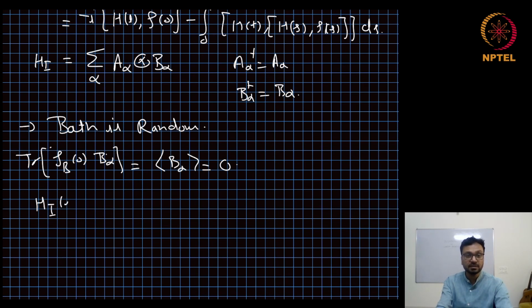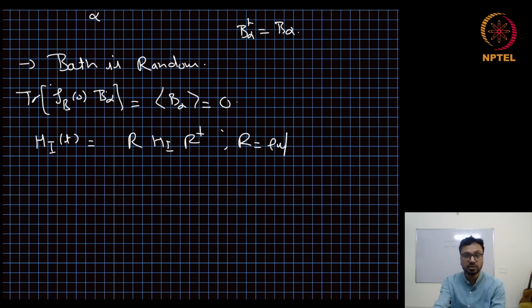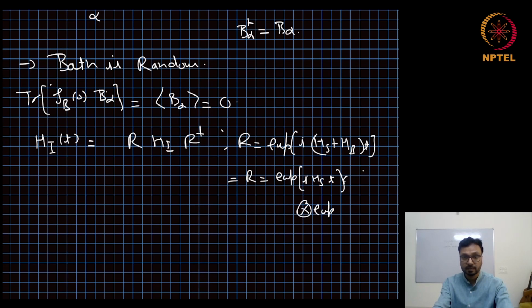From here we can calculate the interaction Hamiltonian in the interaction picture, which is R H_I R dagger, where R is exponential of i (H_S plus H_B) t. H_S and H_B commute, so we can always write R to be exponential of i H_S t tensor exponential of i H_B t, which can be called R_S tensor R_B.